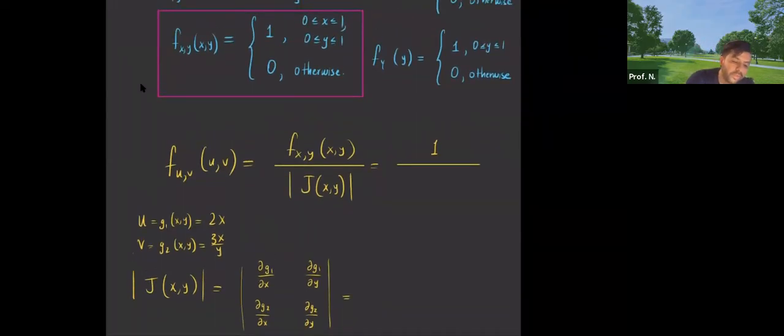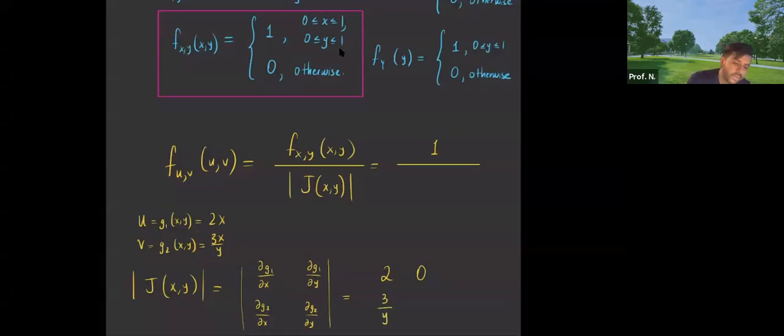So then what's the derivative of G1 with respect to x? 2. And then what's the derivative of G1 with respect to y? 0. Pretty straightforward. And what's the derivative of G2 with respect to x? 3 over y, that's right.